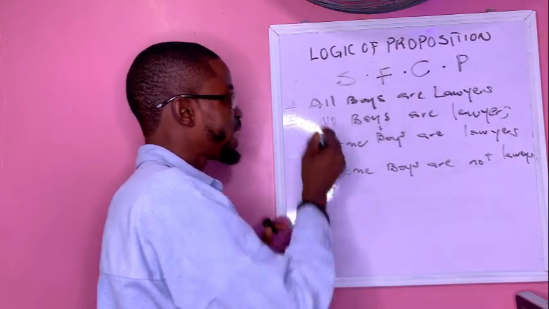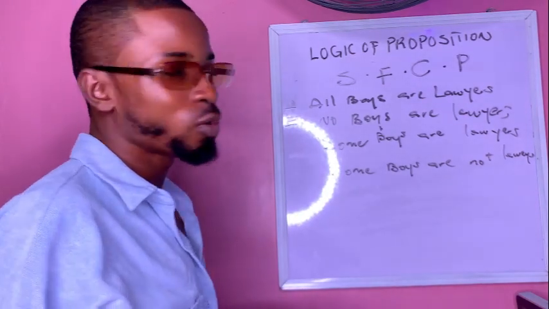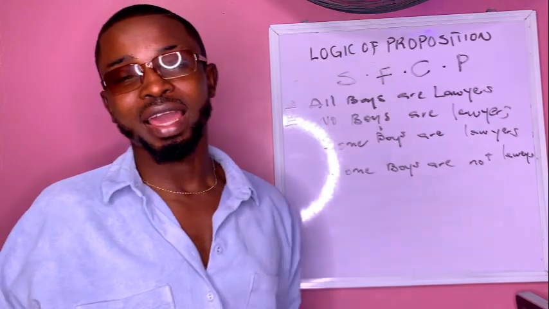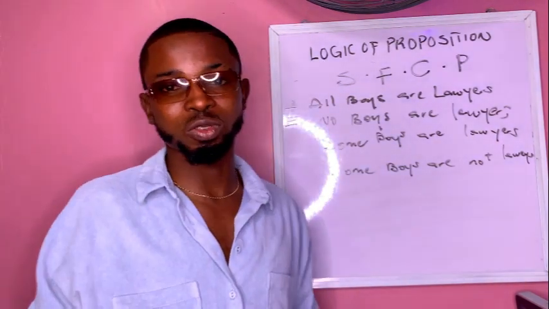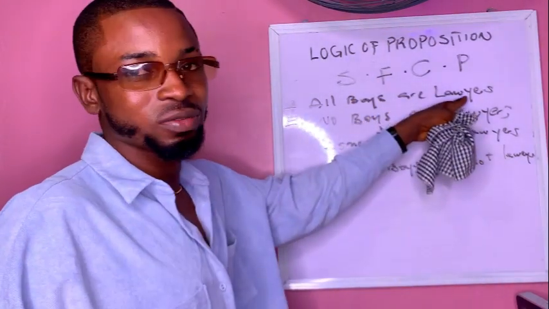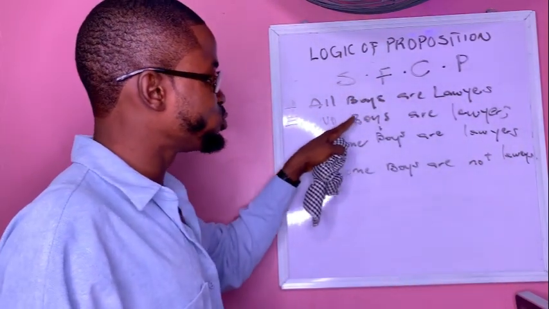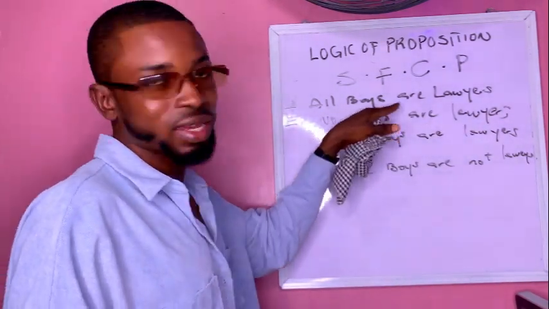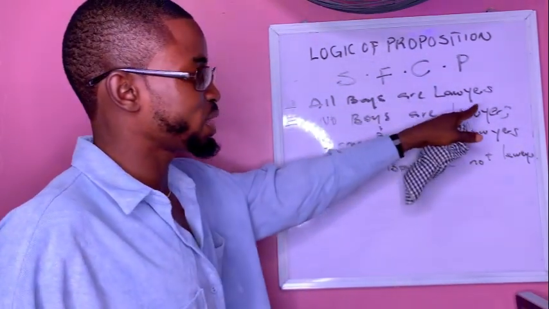That is, it denies a class inclusion. Don't forget that standard form categorical propositions assert different kinds of relationships between classes in terms of class inclusion. This one says that all of this class are part of this class. This one says that none of this class are part of this class. So this one denies a class inclusion between this class and this class.